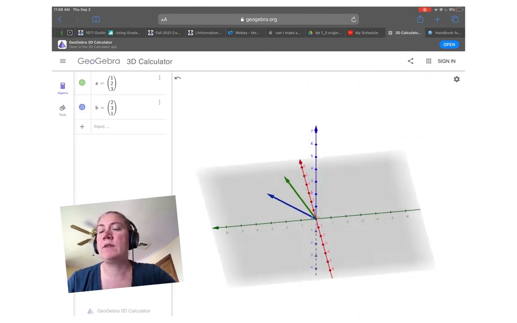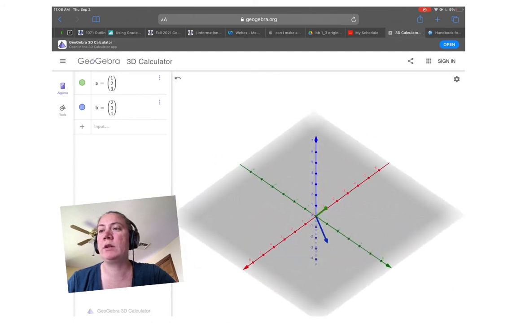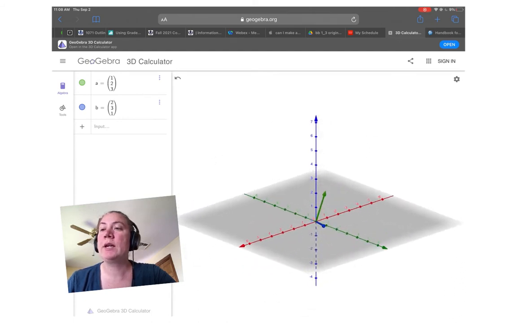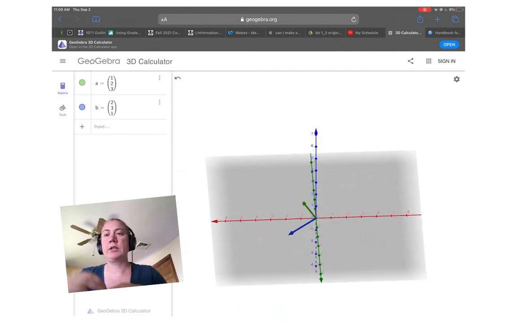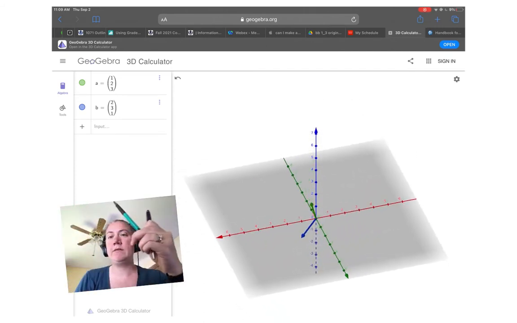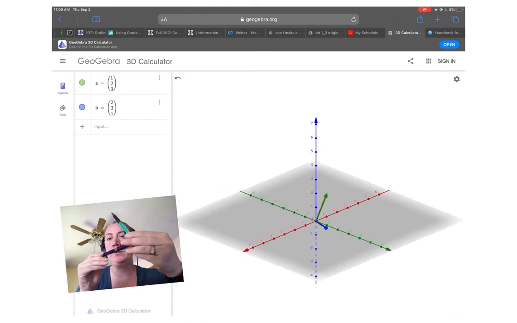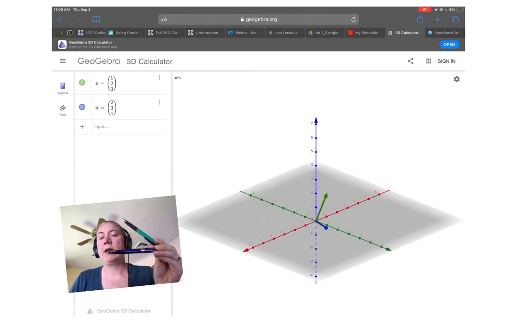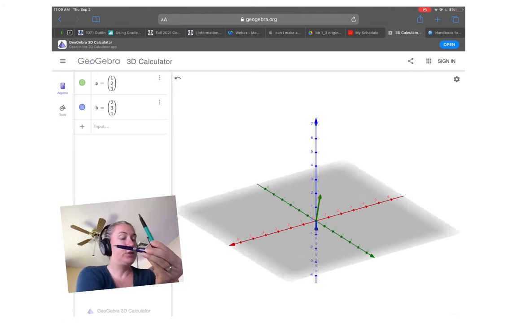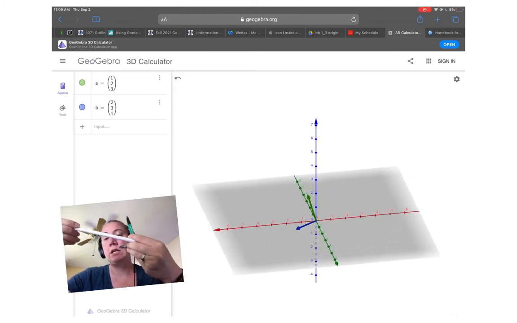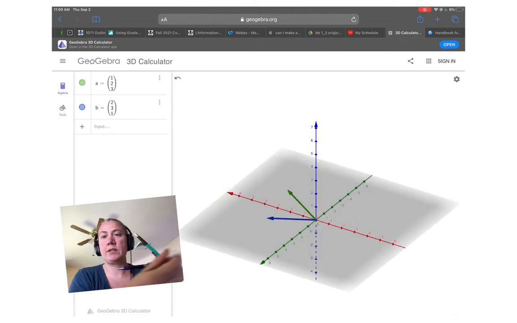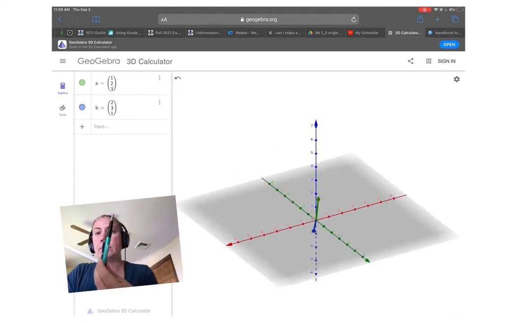So I have this green vector and this blue vector in three-dimensional space here. And I'm trying to find a direction that's orthogonal to both of those. So let's look at this in sort of the video. I've got this green vector sticking up. I've got the blue vector sort of sticking out. And I want to try to find a direction which is orthogonal to both. If I look, the direction over here, kind of sticking straight out this way, is going to be orthogonal to both those vectors.